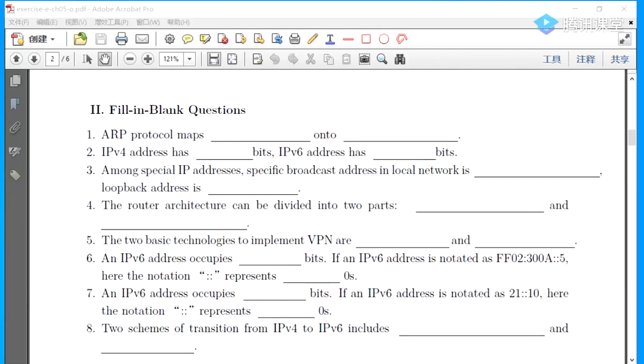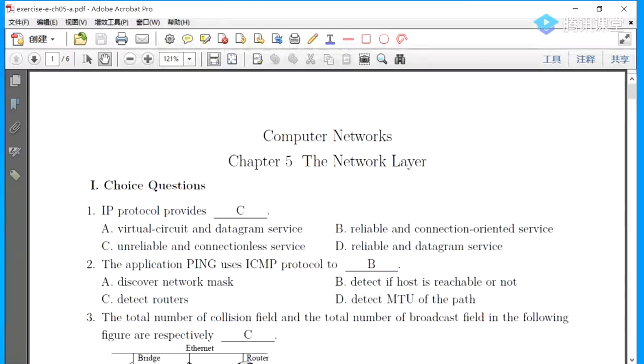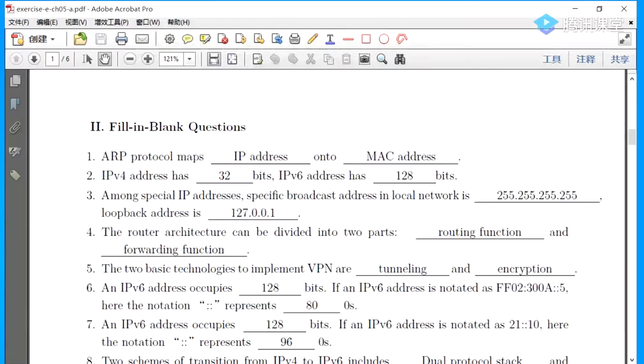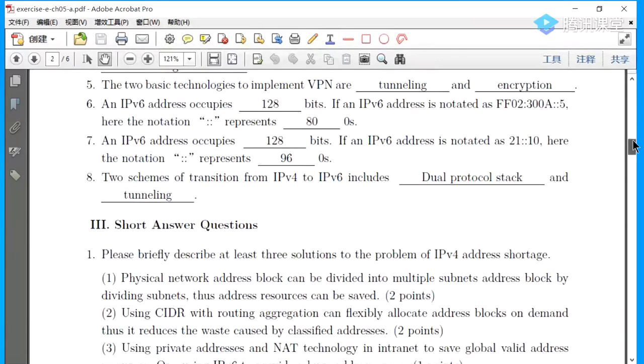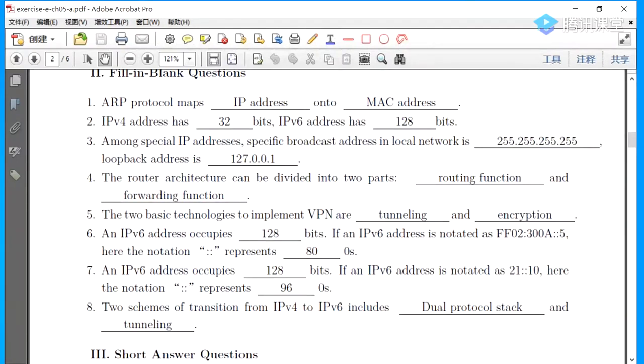Next, fill in the blank questions. I will illustrate the answers. The ARP protocol maps an IP address onto a MAC address. An IPv4 address has 32 bits.